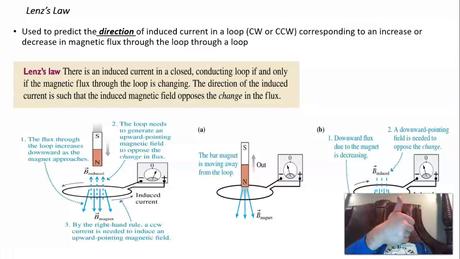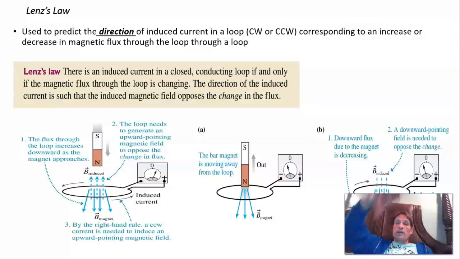You curl your fingers, and your fingers will curl counterclockwise, and that gives the direction of the induced current. Okay. Then if we do another example here, where you have the downward flux through the loop decreasing, for example, we're moving the magnet away from the loop, then this induced current will be such that the magnetic field will reinforce this downward magnetic flux because it's decreasing, so it doesn't want it to change.